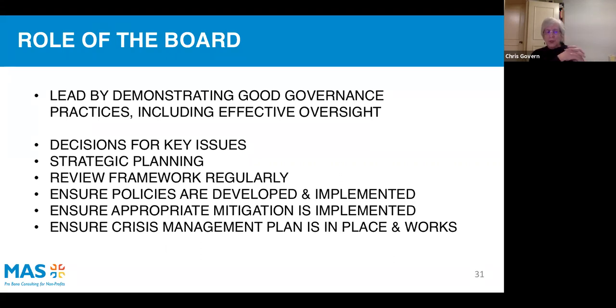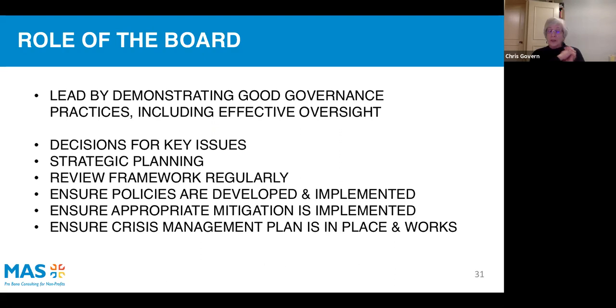Are they looking at the strategic threats, and does their strategic plan address that? The board's role would be to review the risk management framework regularly, satisfy themselves that they understand the risks in the organization and that they are satisfied that those risks are appropriately mitigated.